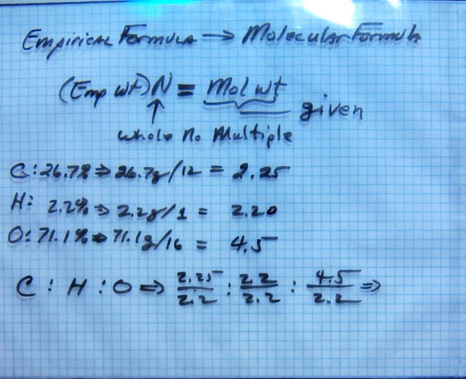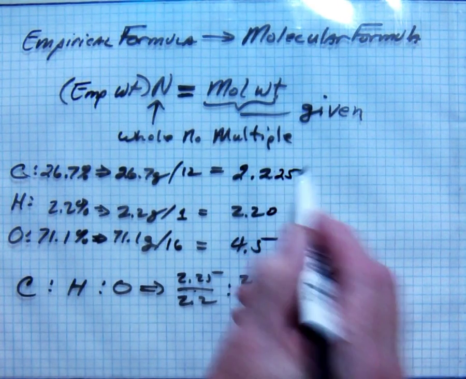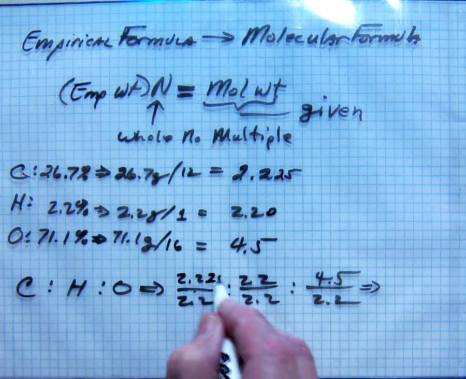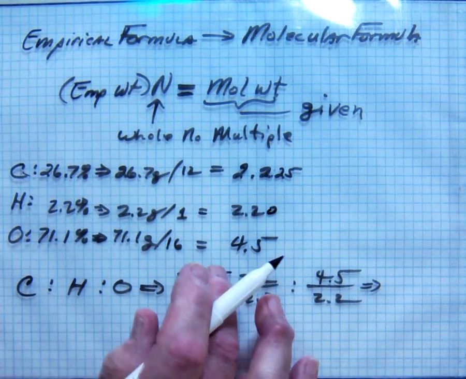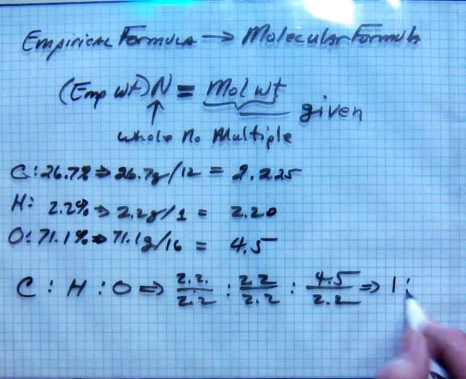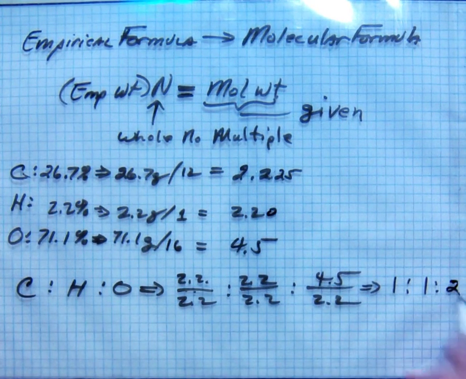Let me do that one again: 26.7 divided by 12 is 2.225. Well, we can fudge that a little bit if you wanted to, because 5 would take 3 and then you drop it off. So you'd have a 1 to 1 to whatever that one comes out, say 4.5, about 2.2 equals 2 right there.